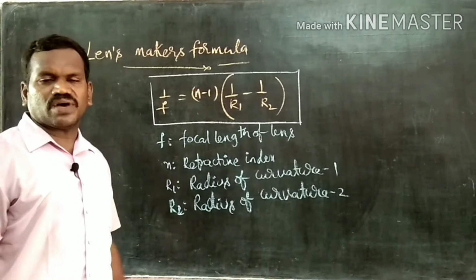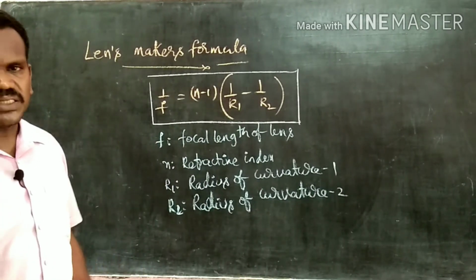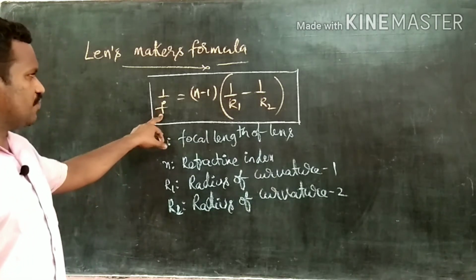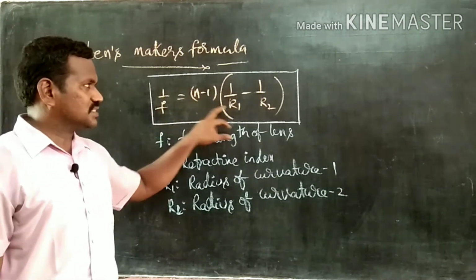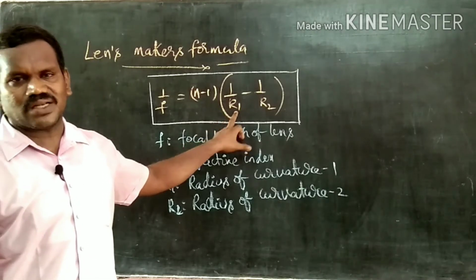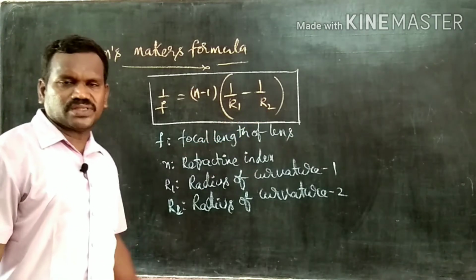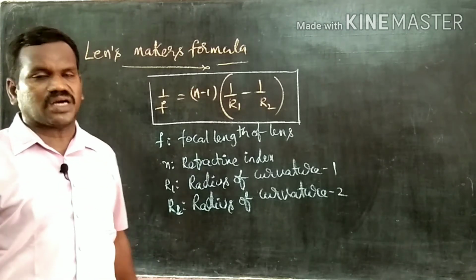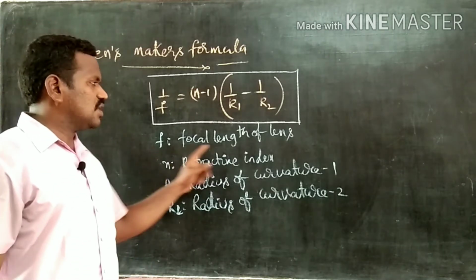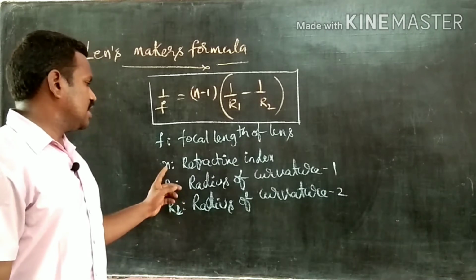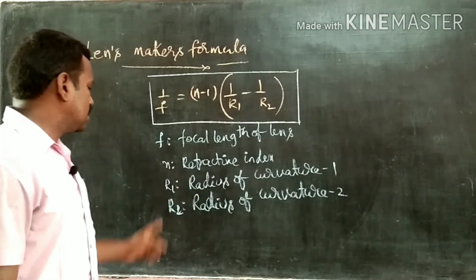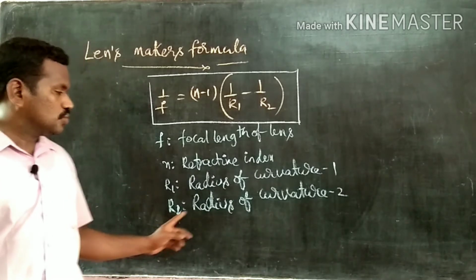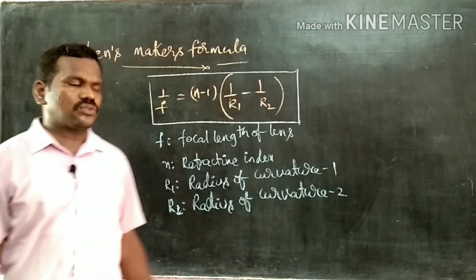While applying this formula, we should compulsorily apply the sign conventions. It gives the relation between the focal length, refractive index, and radius of curvature 1 and radius of curvature 2. Why? Because every lens has 2 radii of curvature, where F is the focal length of the lens, N is the refractive index, R1 is radius of curvature 1, and R2 is radius of curvature 2.